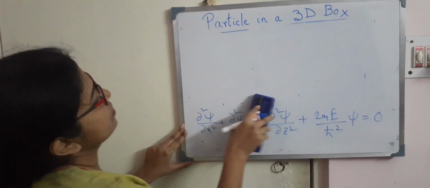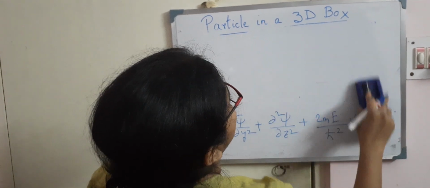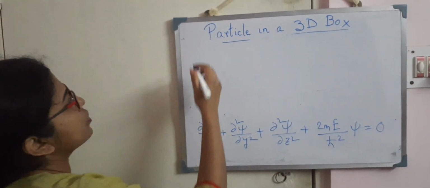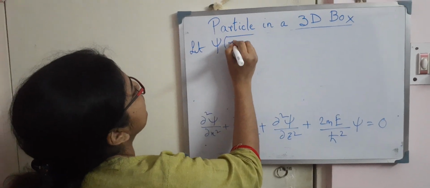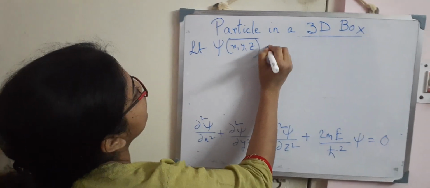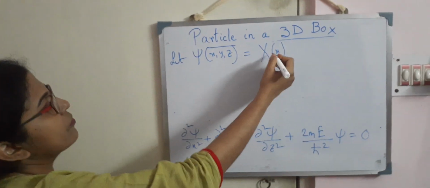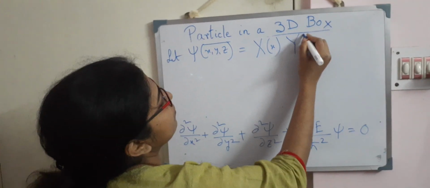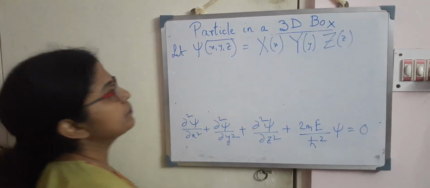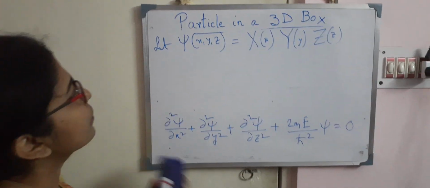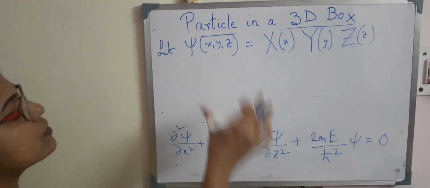Just like the method we followed when we found the time independent equation from the time dependent one, we will assume that psi of x, y, z is equal to some function of x, capital X, into some function of y into some function of z. Now if I say that this is a solution of this equation, that means it satisfies this equation.